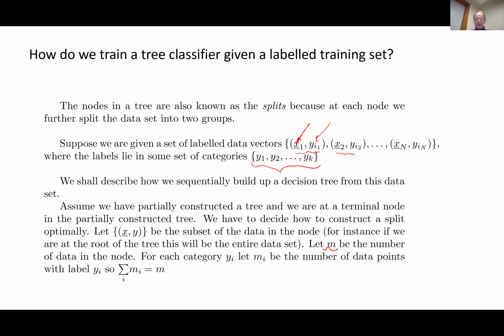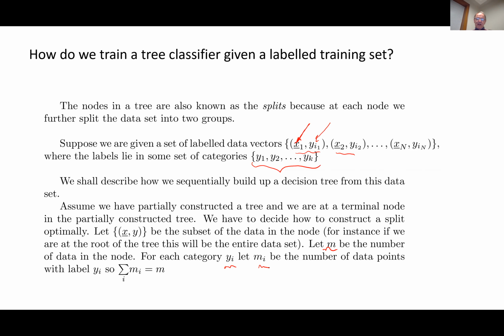We have a subset of our original data set, and there will be different categories. Some will belong to category Y1, some to category Y2, and so on. For each category Yi, we let Mi be the number of data points which have this label.